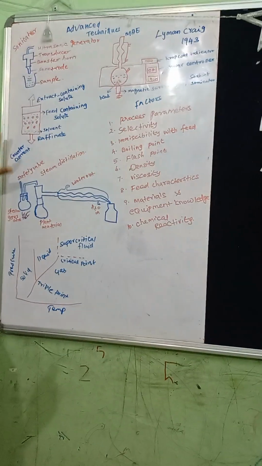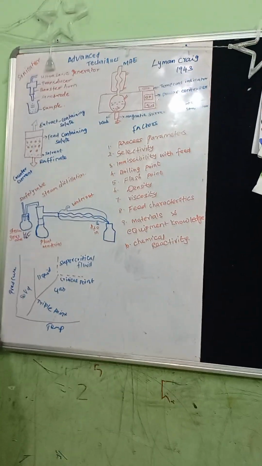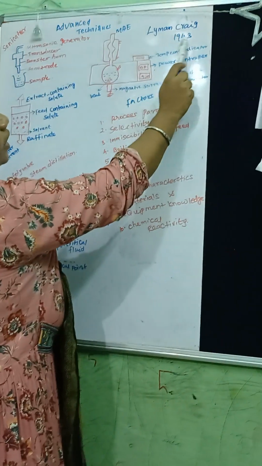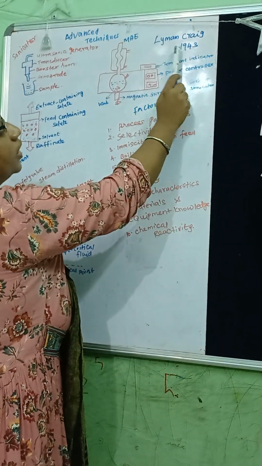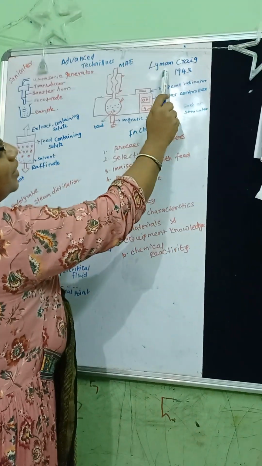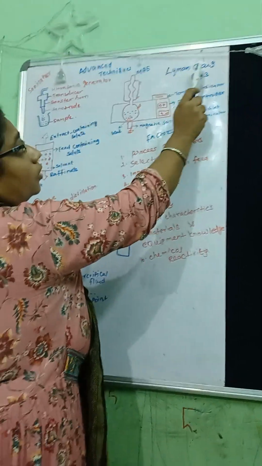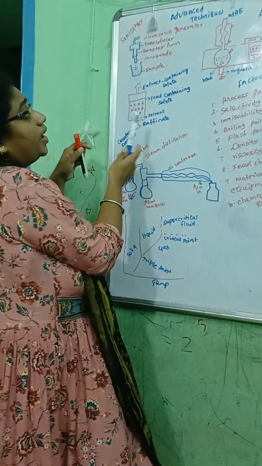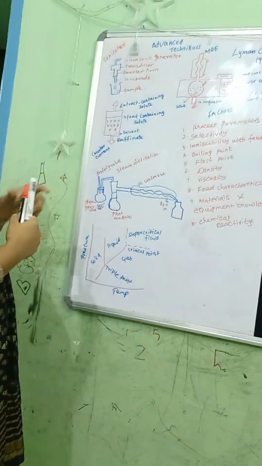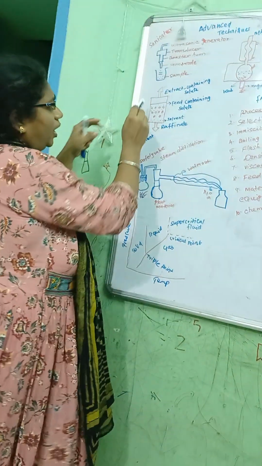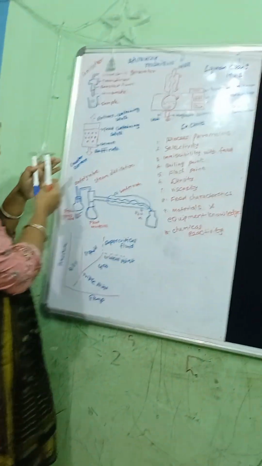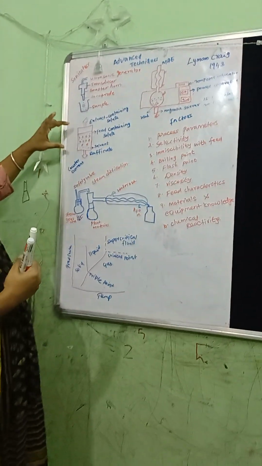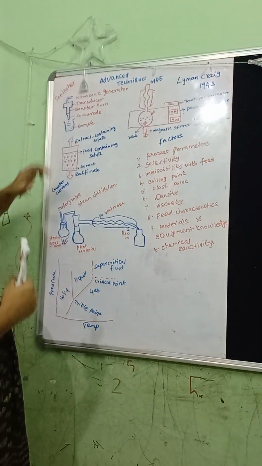Next is the counter current extraction process. This counter current extraction process was first developed in 1943. In 1943, the scientist's name was Lyman Craig. So this equipment is called the Craig extraction technique. First we are taking a column, just as in chromatography we also use a column.